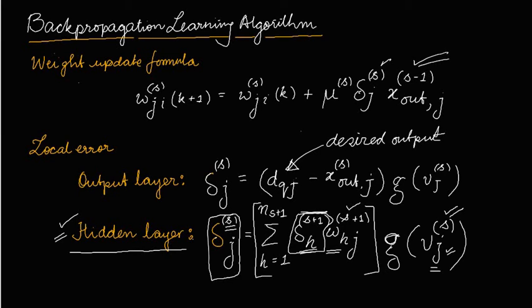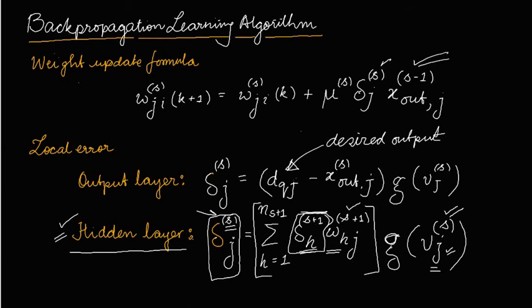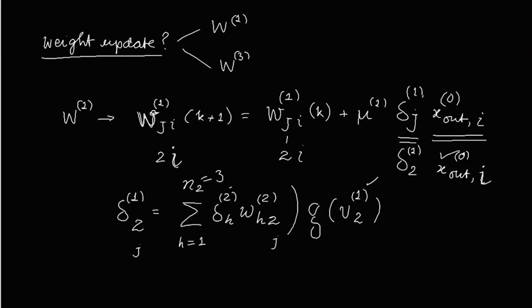Here it is S plus 1, so we are using 2 2, and this S is the same S as here. So we need to evaluate this, and this V2 1 needs to be evaluated, then we'll be able to get this delta.